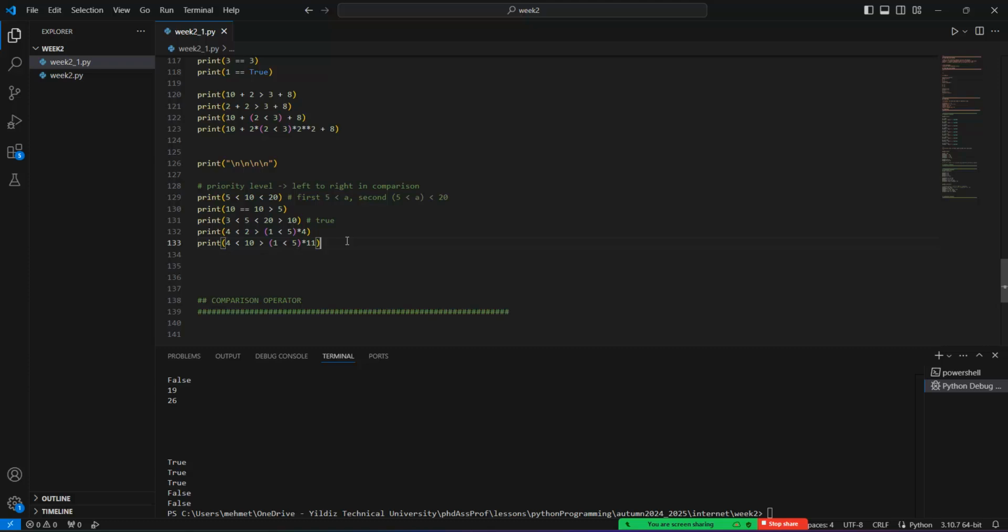Do you understand the conditions or the priority levels right now? This is so simple. It looks highly complex, but it's so simple. Right?